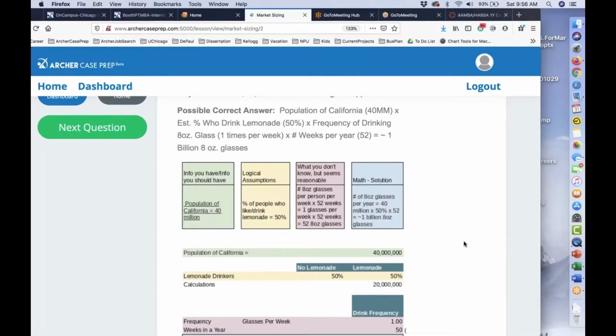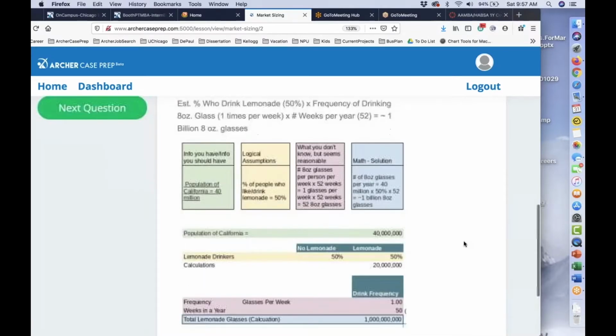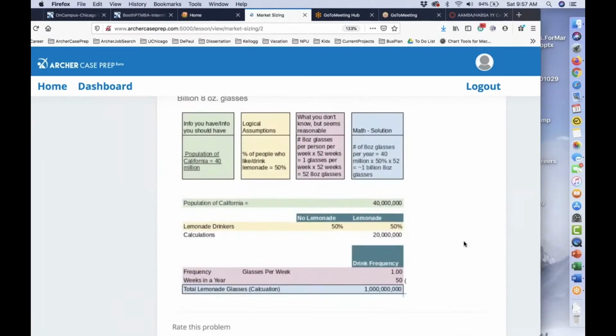The key is to look for things that are material, and then to identify significant gaps between your work and the way it's framed. And are you in the right general area? That's the philosophy with market sizing.